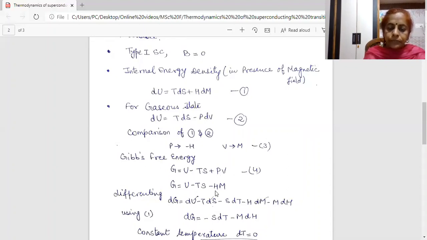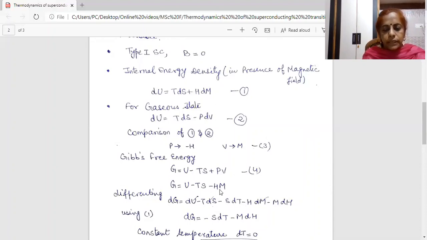Now what I am doing is differentiating my expression, that is, I am finding dG. So I got dG equals dU minus, differentiating the second term, as there are two factors T and S, I get two terms: T dS minus S dT.